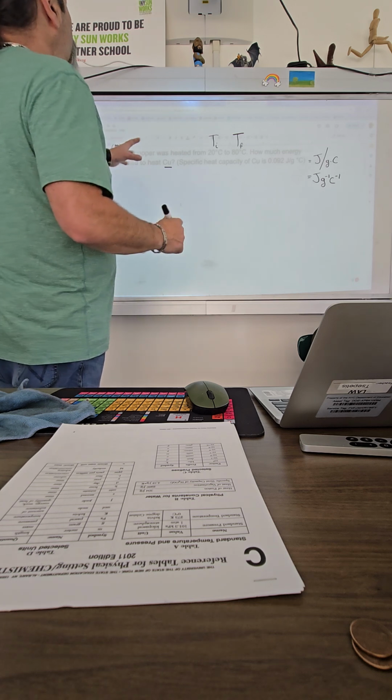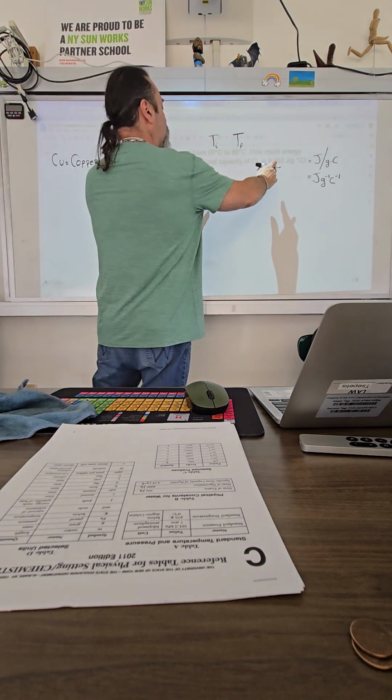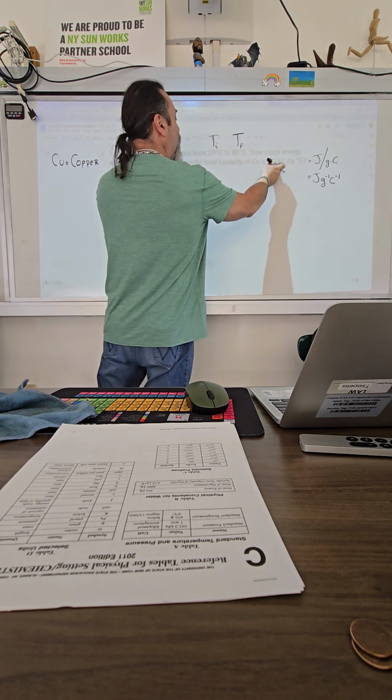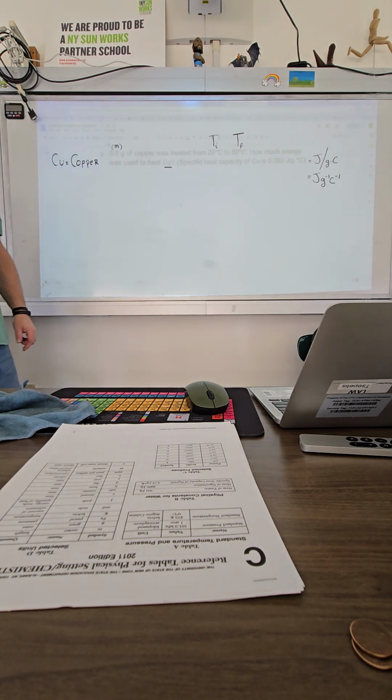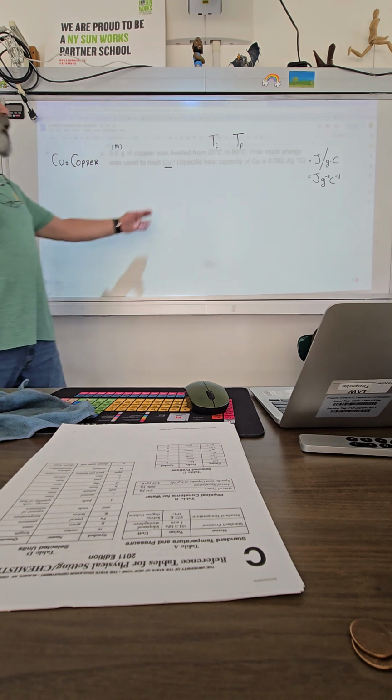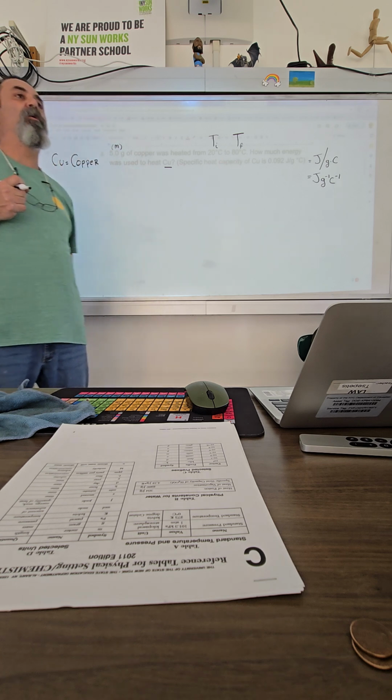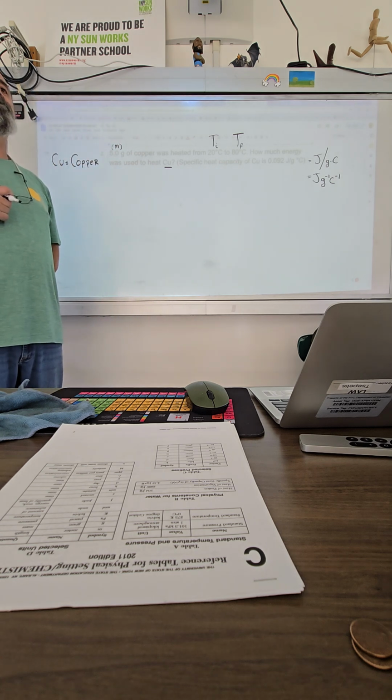Okay, so what's the specific heat? We have the specific heat capacity of copper as this number. What letter is that? We're talking about specific heat capacity. What's the variable for that? Flip your reference tables to the bottom, the heat section.